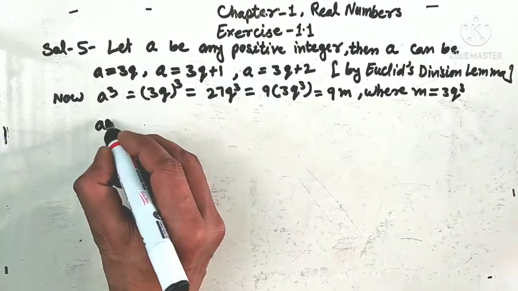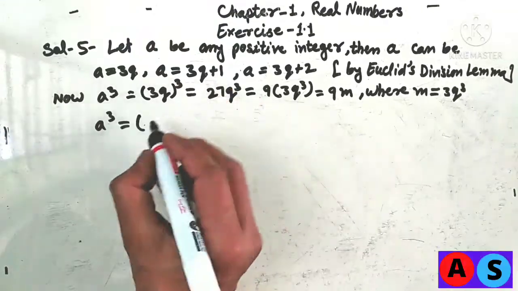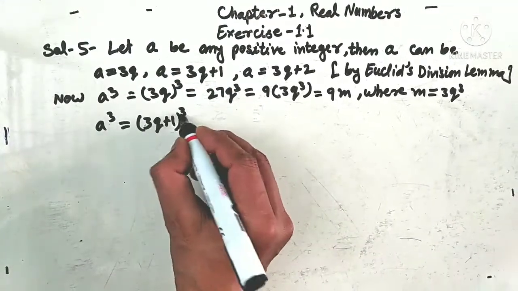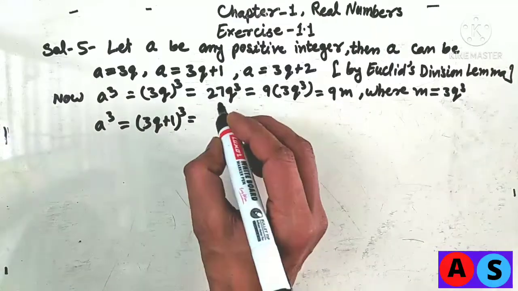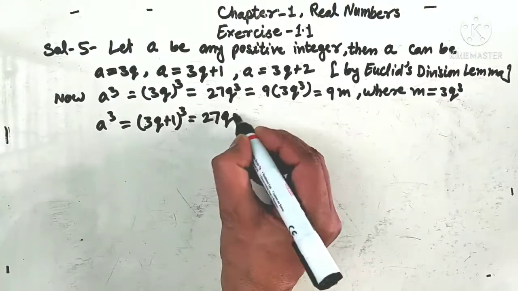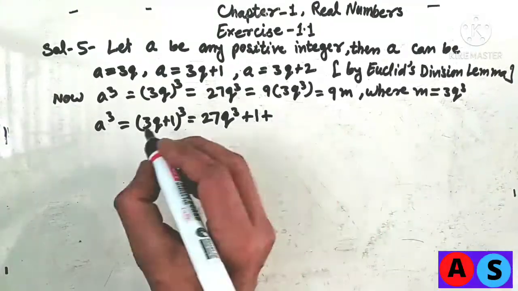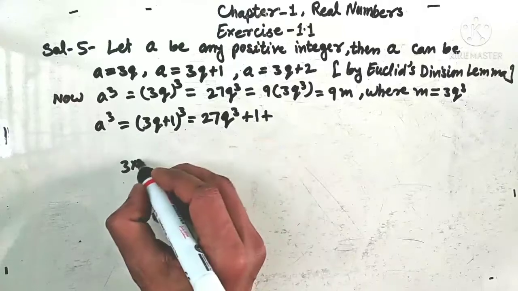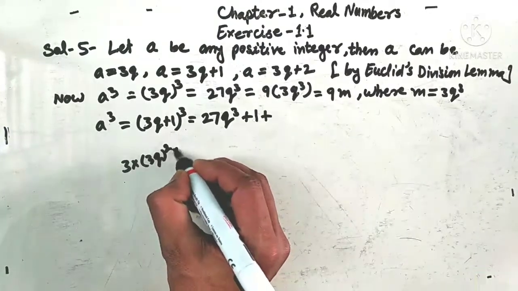Again we make the cube of the second form. a cube is equal to, we take the second form, 3q plus 1 whole cube, we open it with the help of the identity cube of a plus b. Then cube of 3q, 27q cube, plus cube of 1, plus 3 times the product of square of 3q and 1.